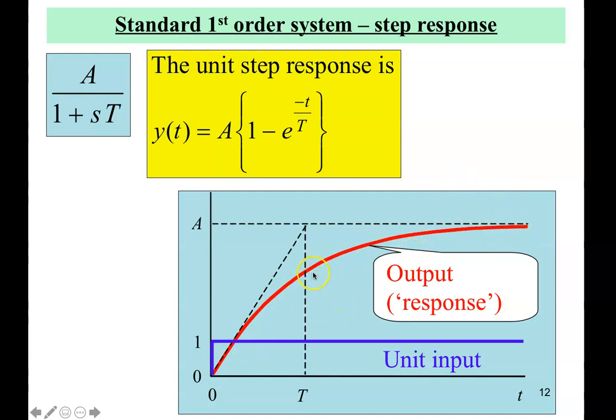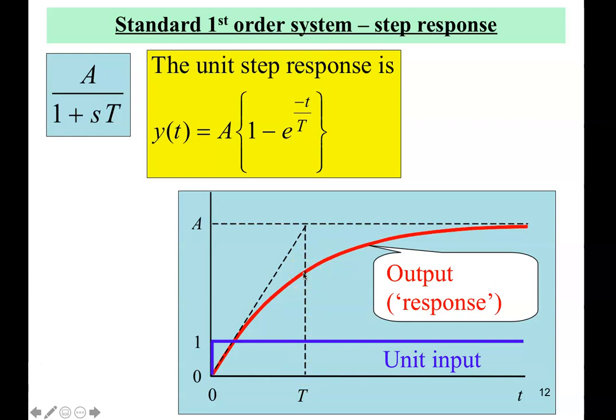The time constant is the time for the system to get to 63% of the final value. So this point there will be 63%, or 0.63 times A. If you look at the time, this is how long it takes to get there.